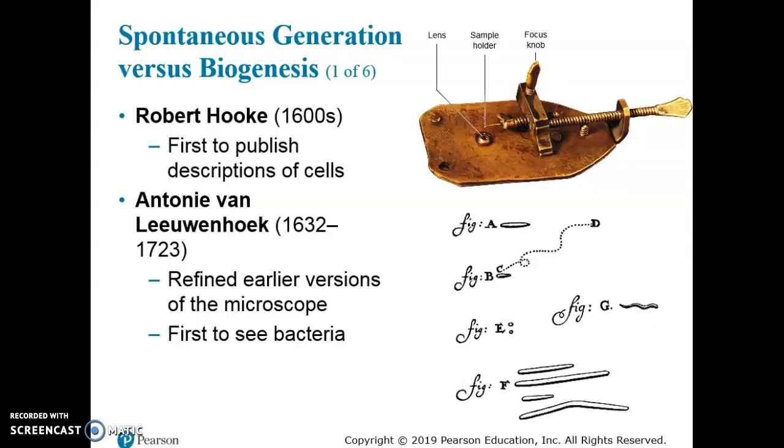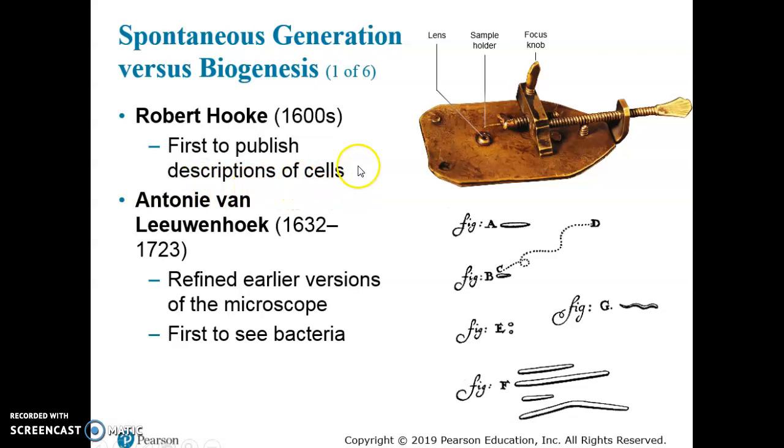All right, spontaneous generation versus biogenesis. Life evolves from itself, or life comes from life. Some of these individuals are very important in microbiology. There's Robert Hooke, and Robert Hooke was the first to publish a description of cells.